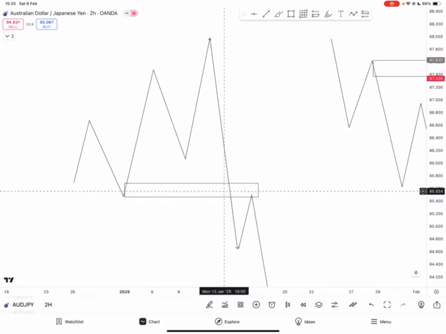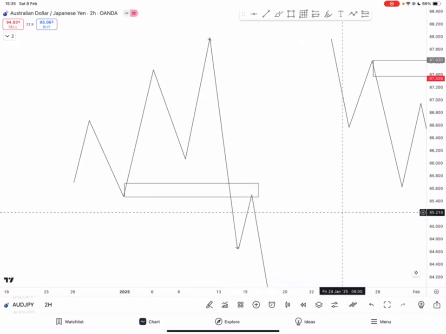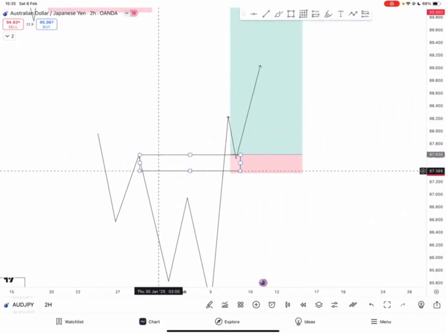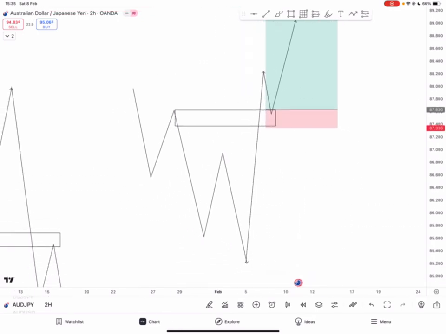The failure of a bullish order block creates a bearish breaker block, while the failure of a bearish order block creates a bullish breaker block. Now, when this breaker block fails, that is what creates these reclaimed blocks. So it is safe to say that a reclaimed block is the failure of a breaker block. The failure of a breaker block creates a reclaimed block, right?